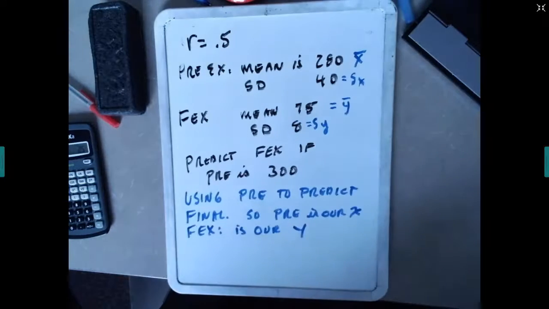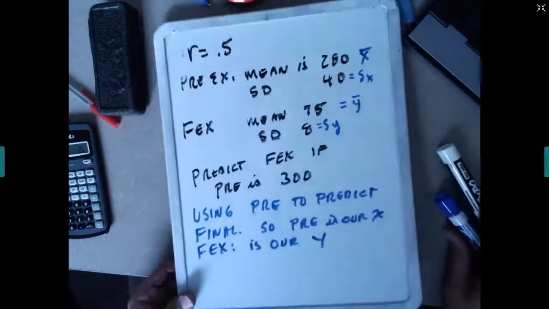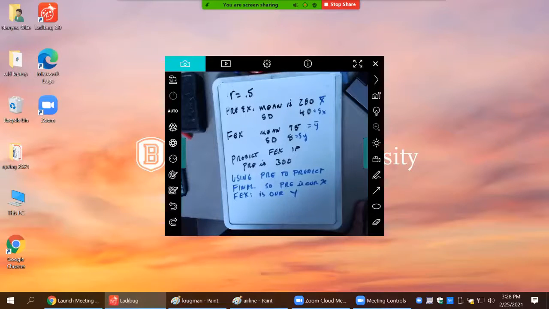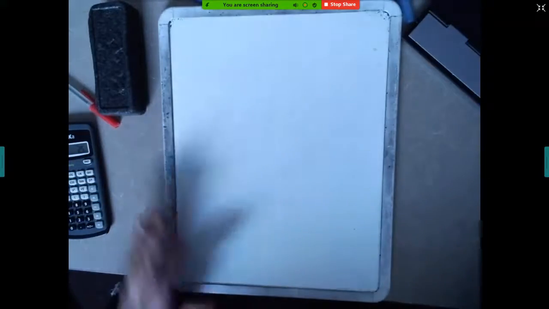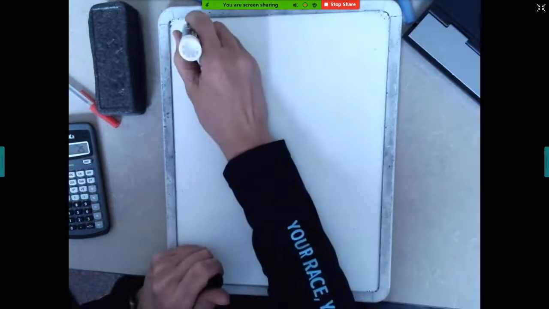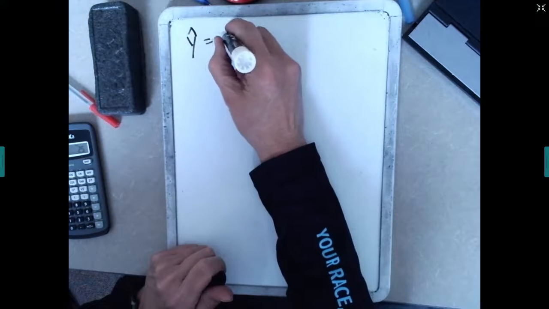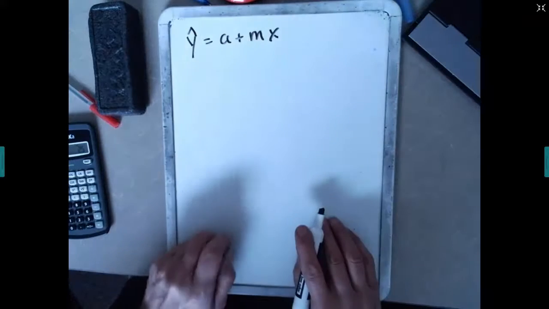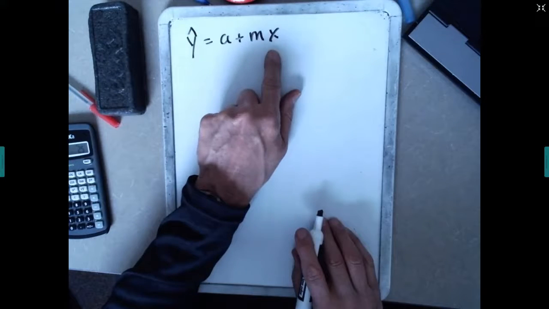So let's first write down what the regression line is. And we can do that. I'll go ahead and take a picture of this. The first thing you know is you had a formula in the text that told you your Y hat, your predicted Y's, were equal to A plus MX. Remember the X's will be the input, the pre-exam scores.